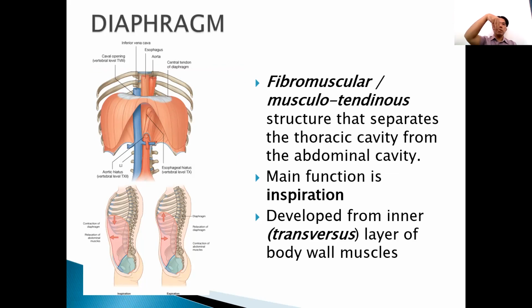When it contracts, it forms a dome, here. And when it contracts, what it does is decrease the pleural space. When you have an elevated diaphragm, you decrease the space in the thoracic cavity.